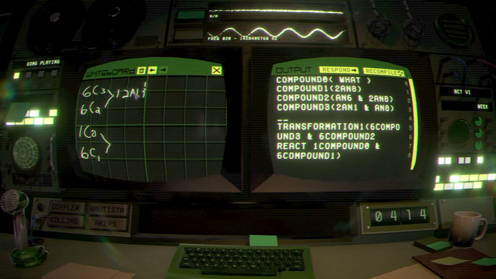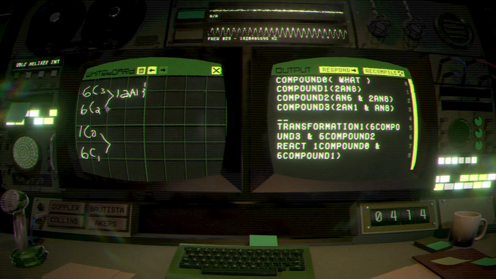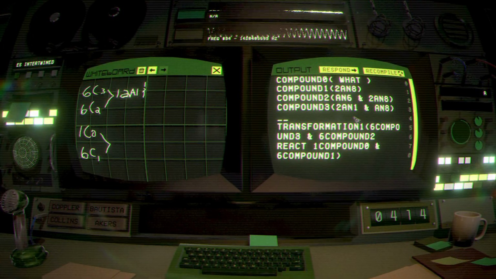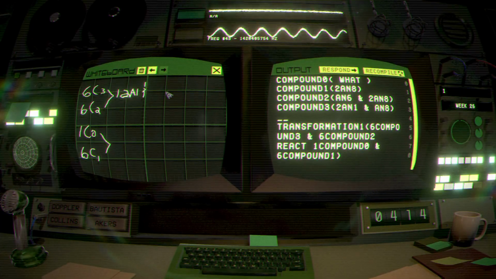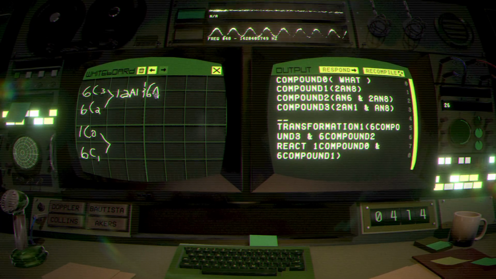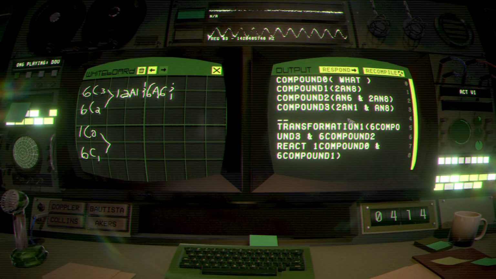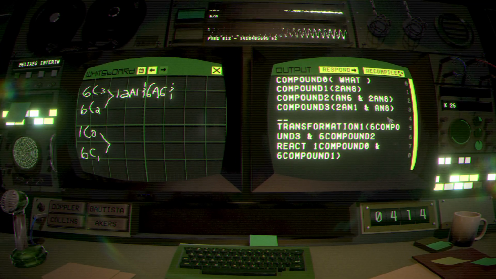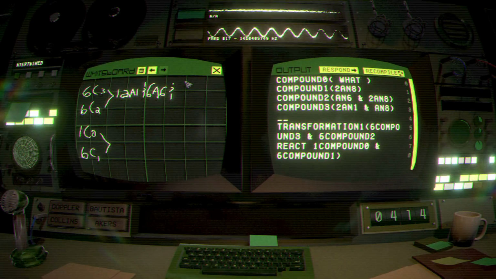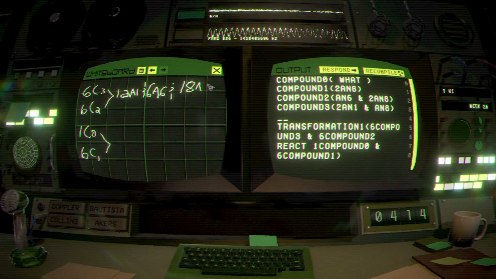And 12. And then we have and 6s. 6 and 6s. And now we need the and 8s. So 6, 12, so 18 and 8s.